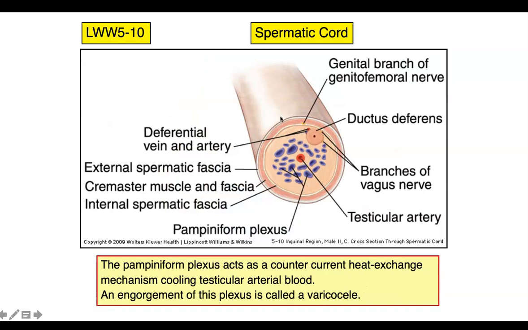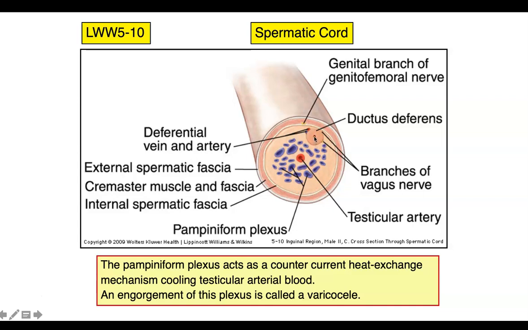So, if we make a cross section through the spermatic cord, what are the layers of the spermatic cord? The same layers as the scrotum: the skin, external spermatic fascia, the cremaster muscle and the cremasteric fascia, and the internal spermatic fascia. And then the spermatic cord contains the ductus deferens.